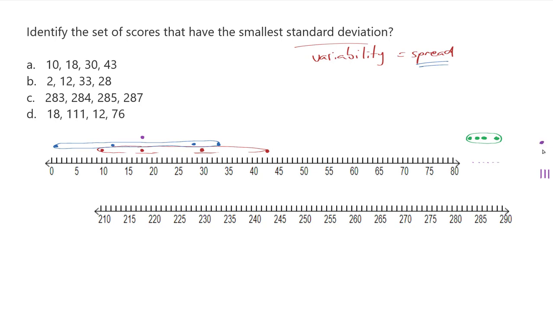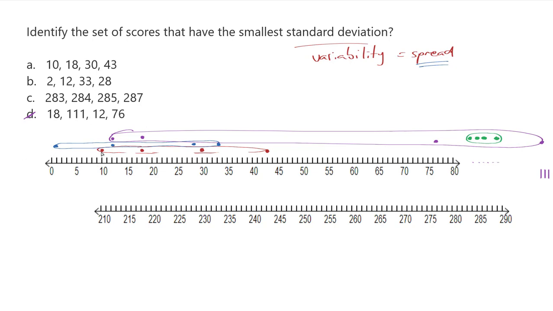This is going to easily be the most spread out set of numbers. And then I've got a 18, and there's a 12, 10, 11, 12, and finally a 76. Okay, so this purple set of numbers from part D is by far, even though I don't exactly have this at the right spot here, you can see easily that the purple values are more spread out. So easily, D is the most spread out.